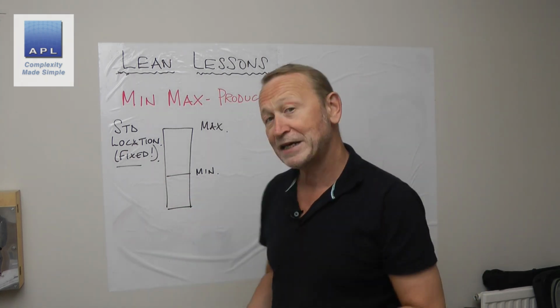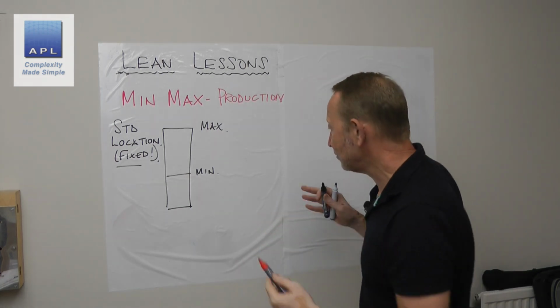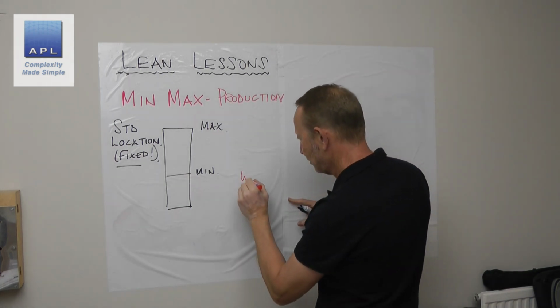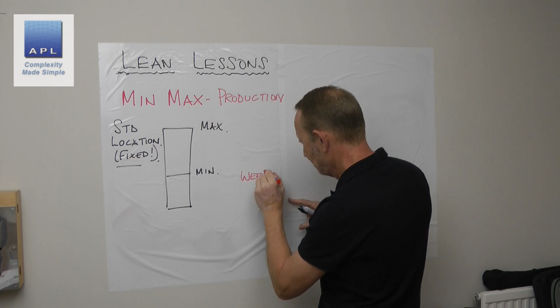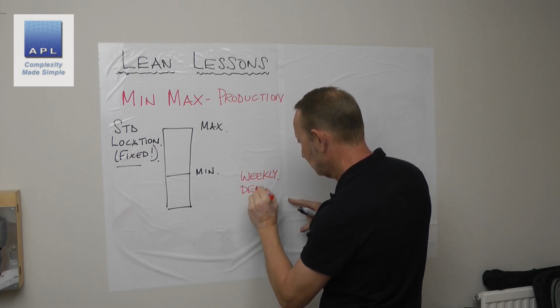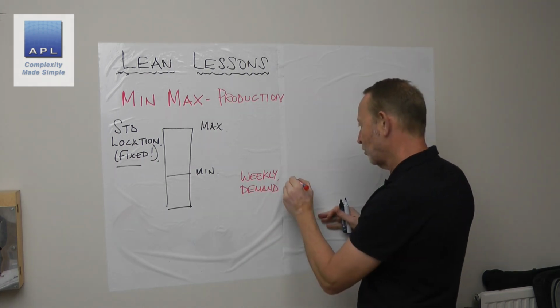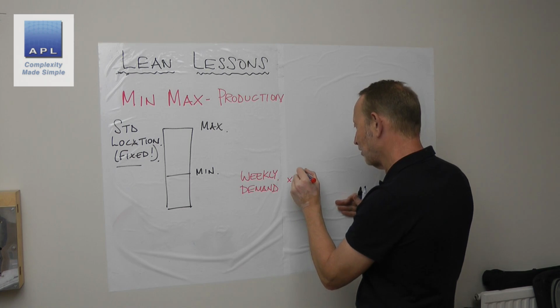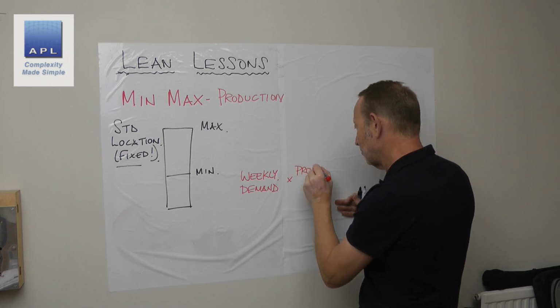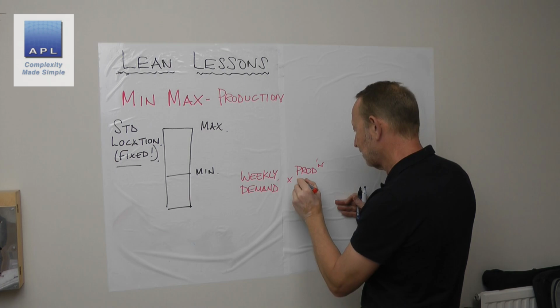Now the minimum is exactly the same as for purchasing. We are going to take the average weekly demand for this item. We are going to multiply by the production lead time.